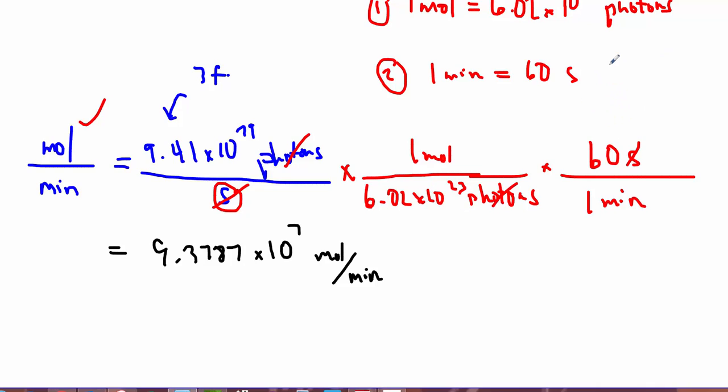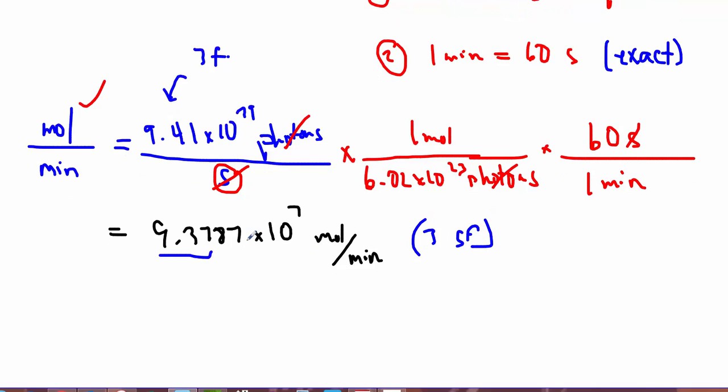We can ignore exact conversions when we're looking at significant figures. So that means we are allowed to have 3 sig figs in our answer, and I'm going to have to round it right there, and that 8 is enough to round this 7 up to an 8. So I'm going to report my answer as 9.38 times 10 to the 7 moles per minute. And that's my final answer.